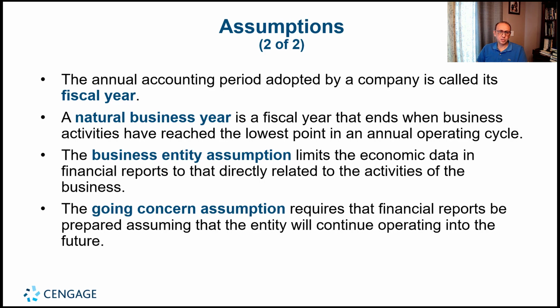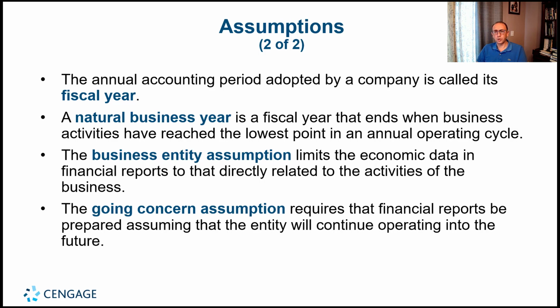A natural business year is a fiscal year that ends when business activities have reached the lowest point in an annual operating cycle. So for example, for a company like Apple, the lowest point in their operating cycle is usually September. And this is where their fiscal year would end. They would start fresh in October.